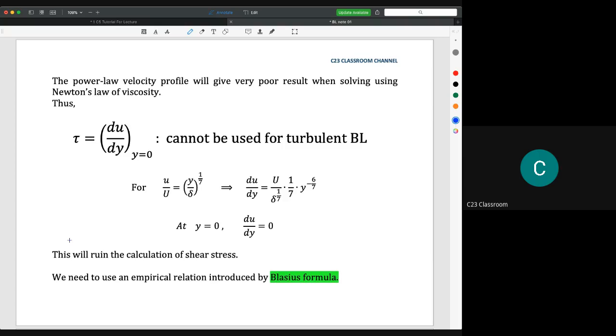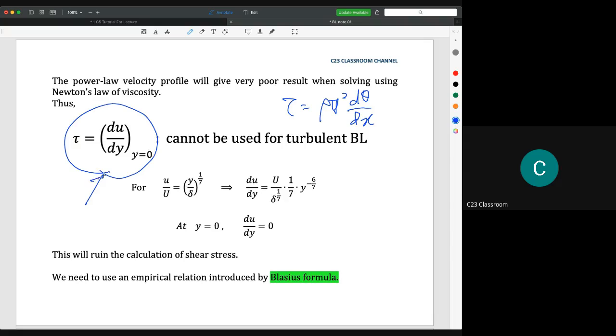This is the most important thing that you need to understand. If you see the solution in the laminar boundary layer, we use the von Karman shear stress calculation: tau is equal to rho u squared d theta dx. Then we need to compare it with another value of tau, which is tau equal to mu du dy at y equal to 0.